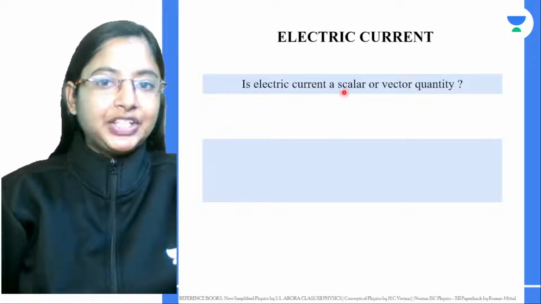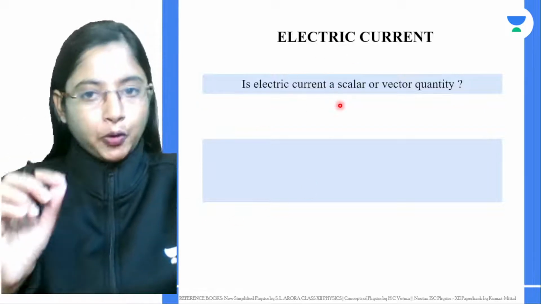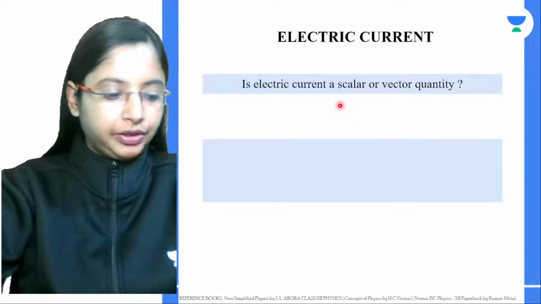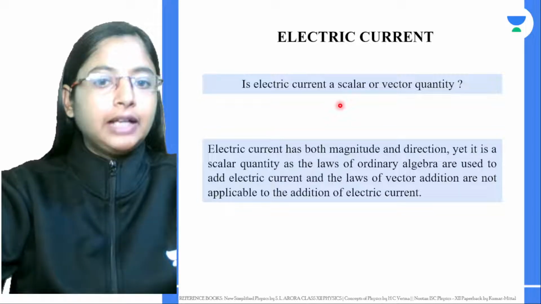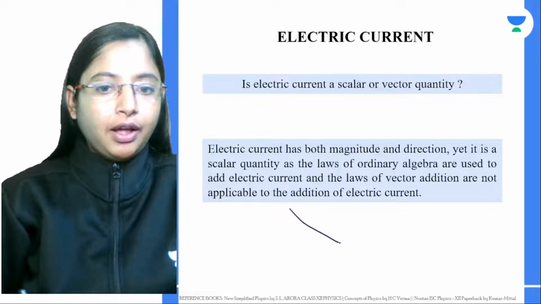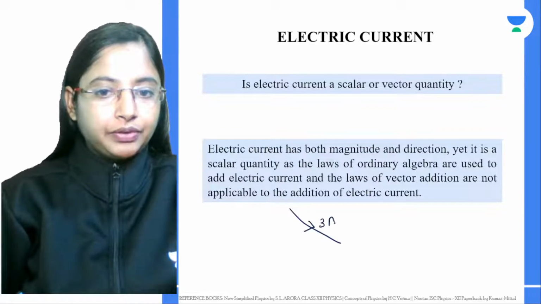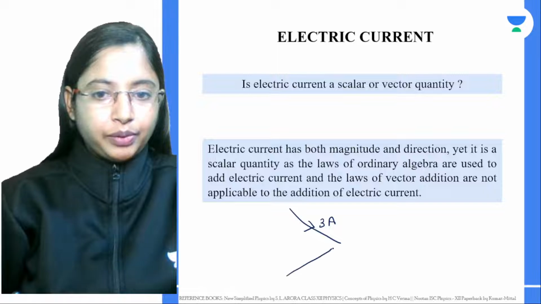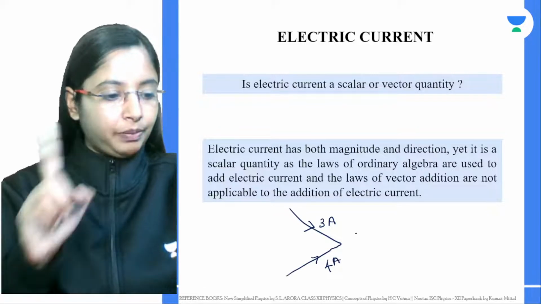Okay, so electric current has both direction and magnitude. Okay, Sanjit, electric current has both direction and magnitude. For example, let's say there are 3 amperes of current coming in this way in one wire, and in another wire another 4 amperes of current is coming. So it has direction and magnitude.